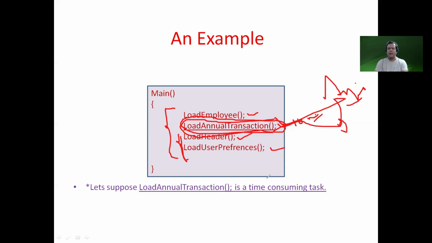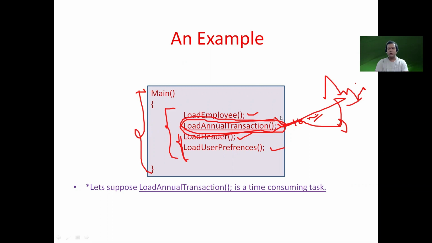In this way we will not freeze the UI. In the example I have shown, the UI will freeze. UI means where we are going to show the result, whether it is a Xamarin application, a desktop application, or a web application. In any application, just because of this load annual transaction function, our UI will freeze, and we definitely do not want to freeze our UI.